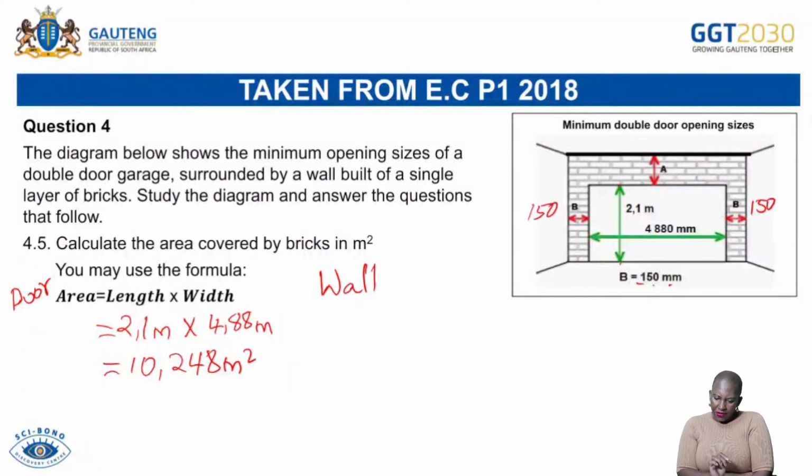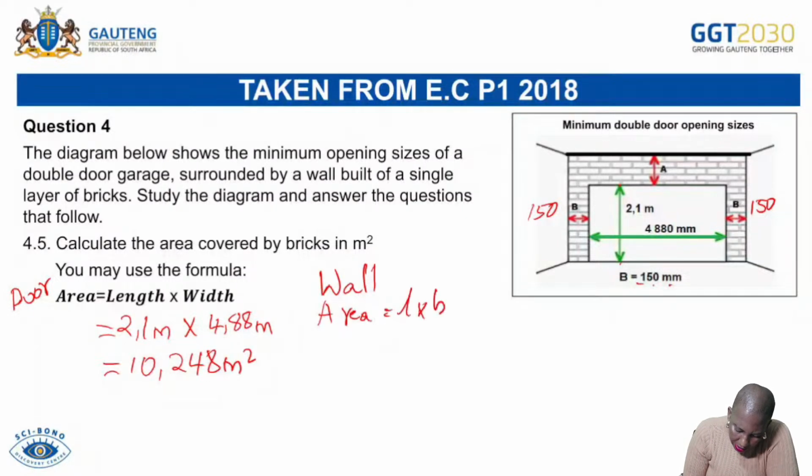But that 150, we must remember, is in millimeters. So now we have to add. This is the area of the entire wall now. Area will be length times breadth.